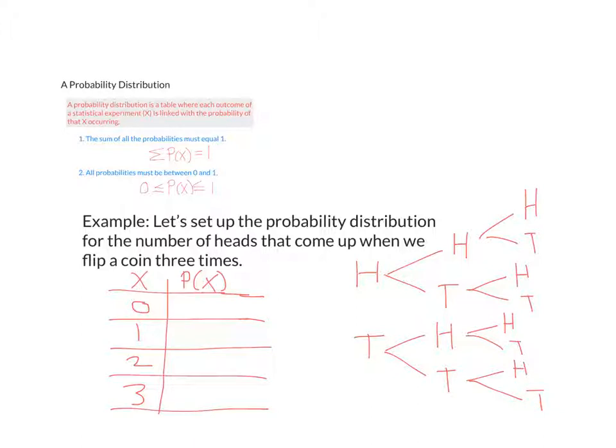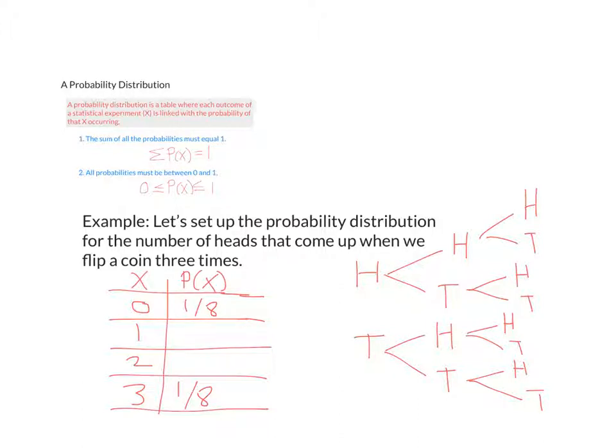So that would be 1 out of the 8 to get 0 heads. Now let's look at 3 heads, because that's pretty similar. We only have one instance here where we have all 3 heads out of the total 8. So that probability of getting 3 heads would be 1/8.